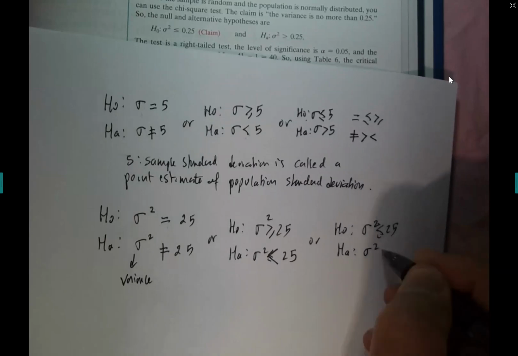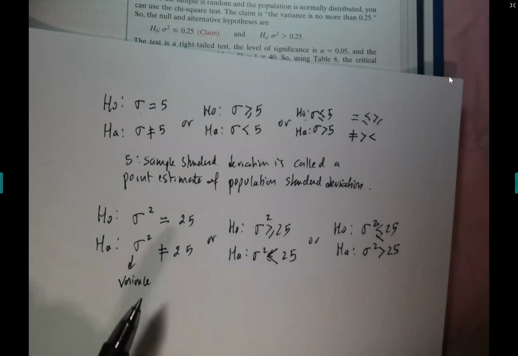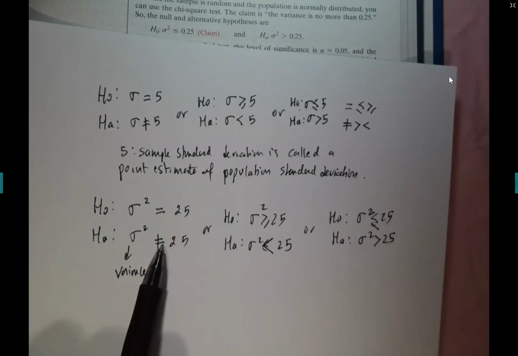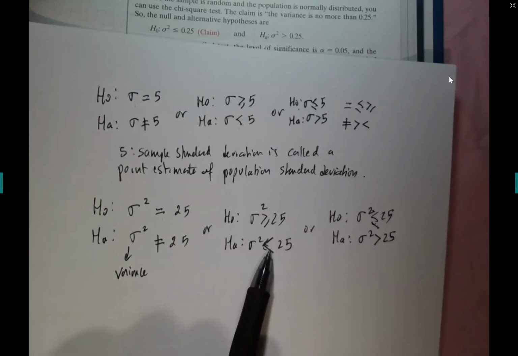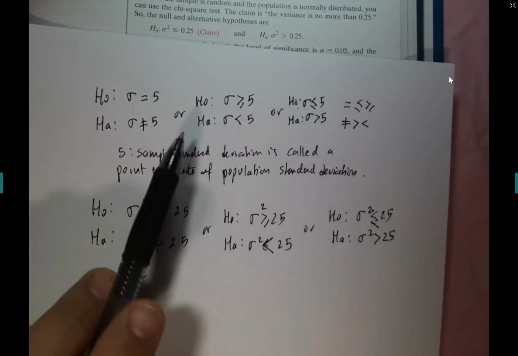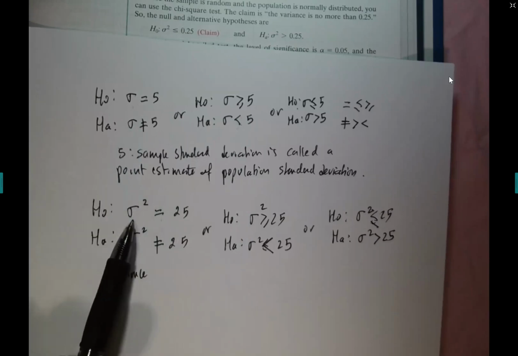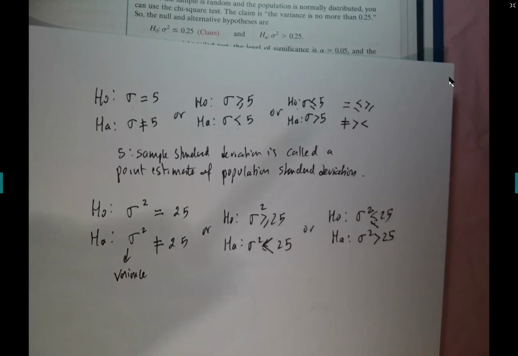Sigma square is greater than 25. These are all the scenarios. This is called, guys, a two-tail test. This is called the left tail test, and this is called the right tail test. If he asks you to test the standard deviation, you just put sigma. If he asks you to test the variance, you just put sigma square. It's the same thing. You're going to do exactly the same test.